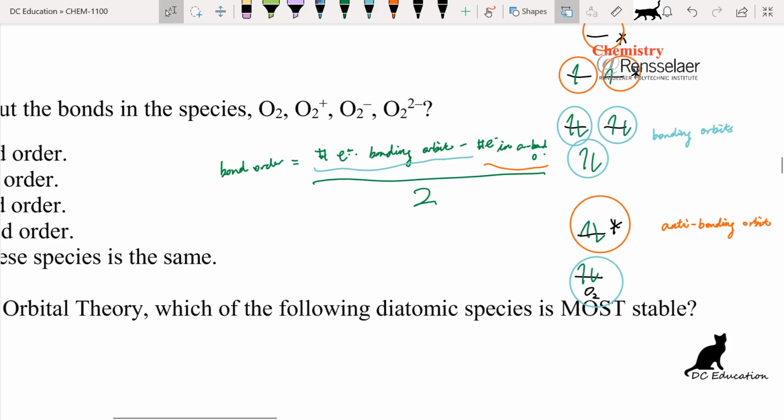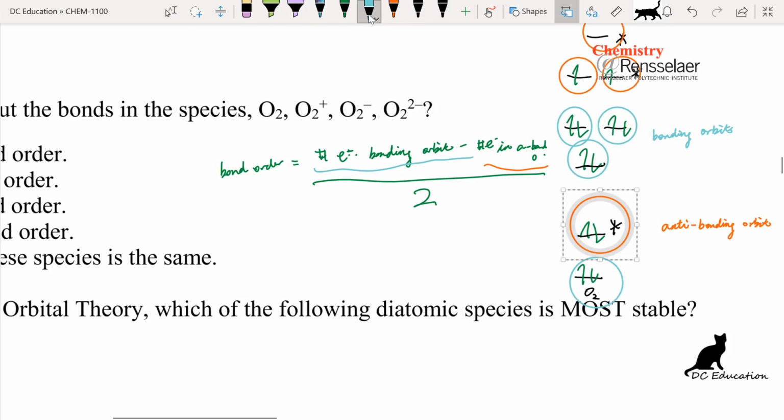So as you can see, for a regular oxygen, I think I'm missing a line over here. It's 1, 2, 3, 4, 5, 6, 7, 8.